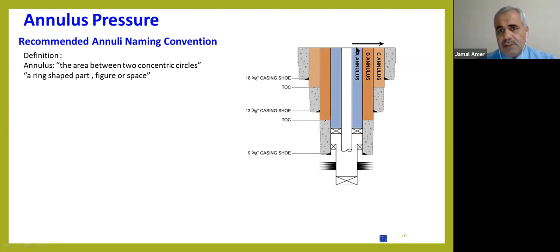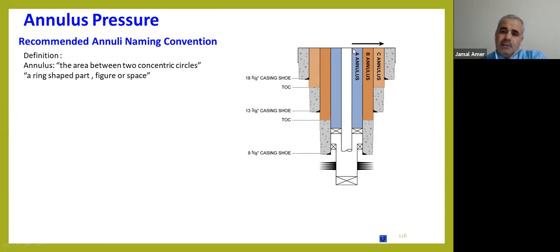If this pressure is bled off and builds up again quickly, we call it sustained annulus pressure. And this sustained annulus pressure should not exceed a value we call MASP at the surface.